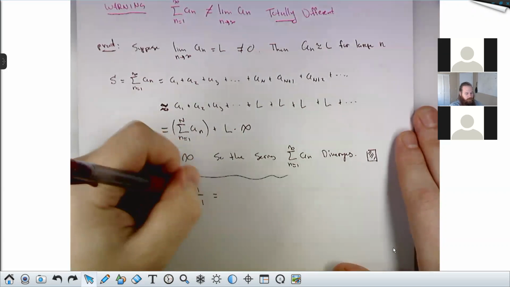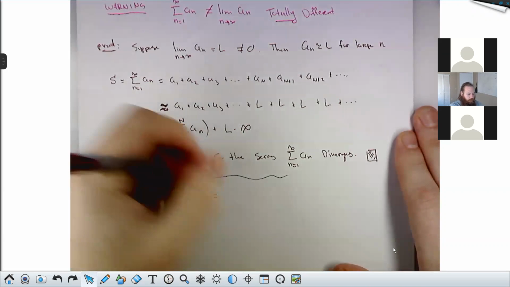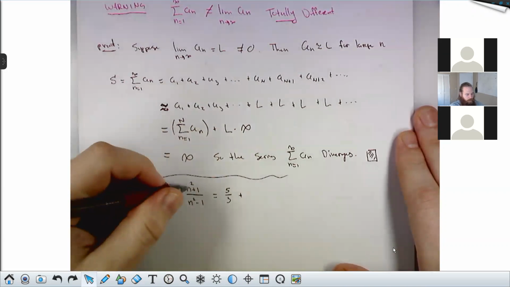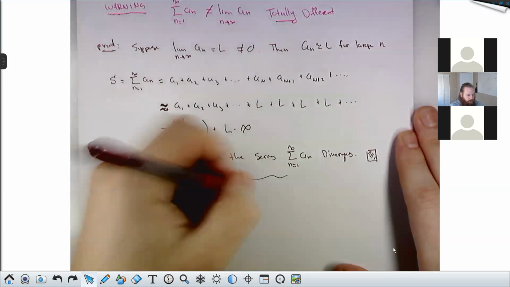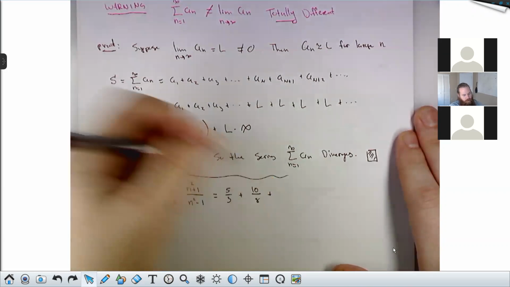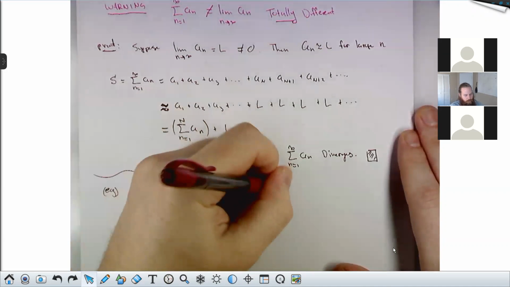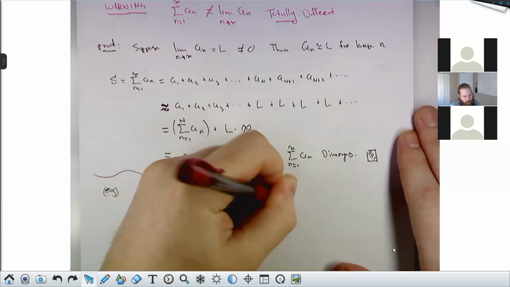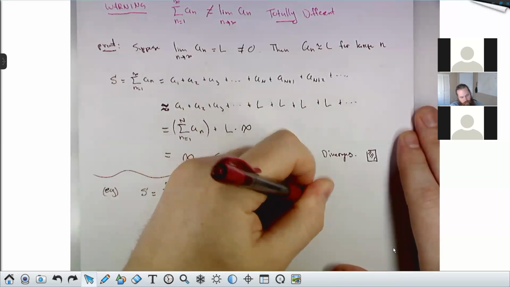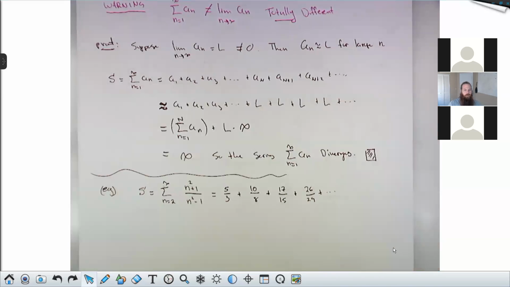Okay, the first few terms of the series, we can figure this out. That's 4 plus 1 over 4 minus 1. That's 5/3 plus the next term, 3 squared plus 1, that's 10 over 3 squared minus 1, that's 8. And then the next term would be 4 squared plus 1, that's 17 over 15, and then 26 over 24, and so on.